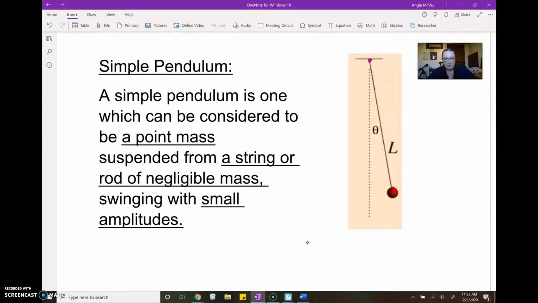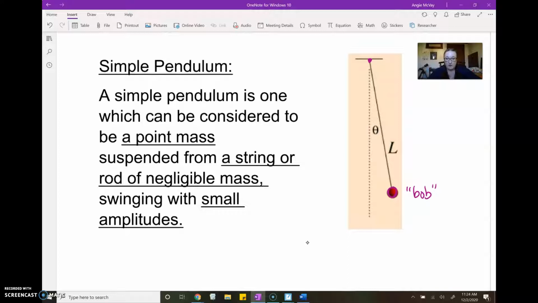This is our point mass down here, and this point mass has a special name: it's called a bob. The bob at the end of the string is suspended from a string or rod of negligible mass. So there has to be a string that has a mass that is much, much smaller than the mass of the bob itself.